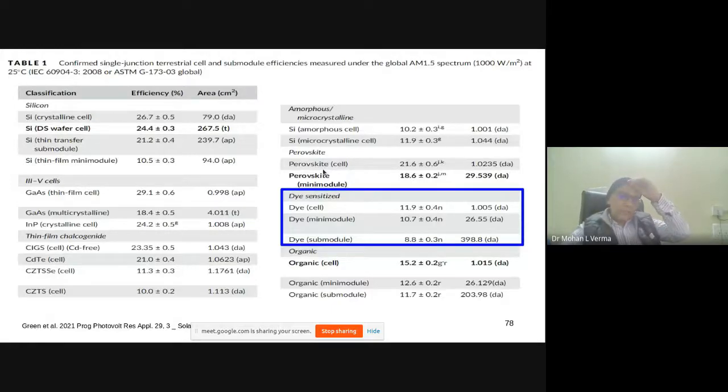So in the DFT based study, this is the accuracy for different solar cells. What can be done for this solar cell system? For the solar cell system, we have to study different materials, and especially the optical properties and electronic properties of the material can be studied by DFT.